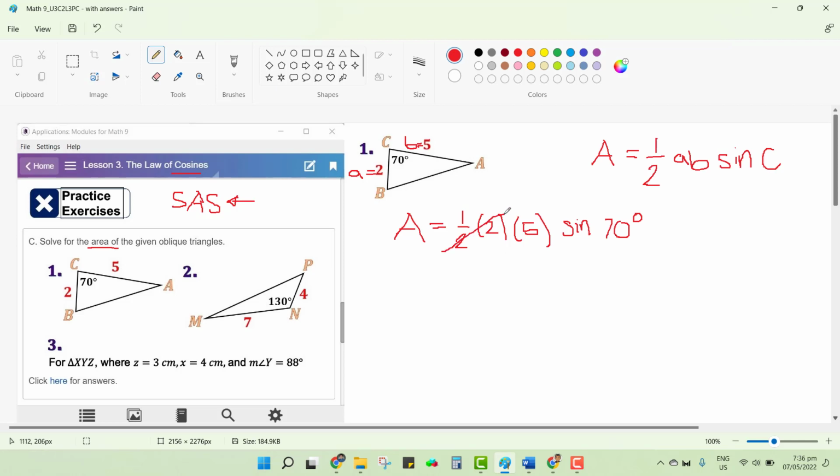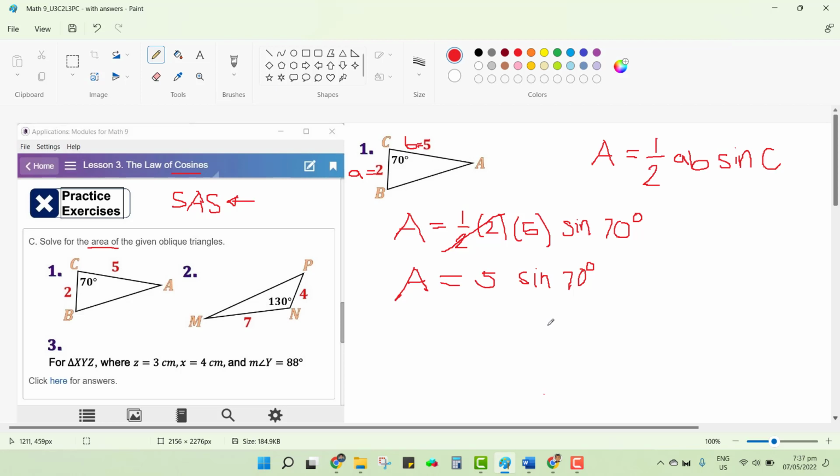So of course you could do it like that, or if you don't like to, you could always divide everything by 2 later on, but I'm going to do that in this manner. So the area here is computed as 5 sine 70 degrees. To solve for this, of course, you are always allowed to use calculators.